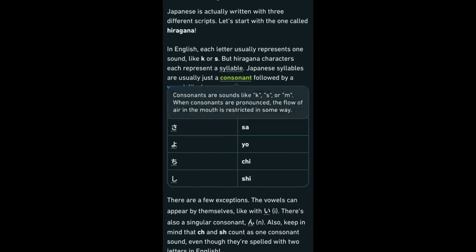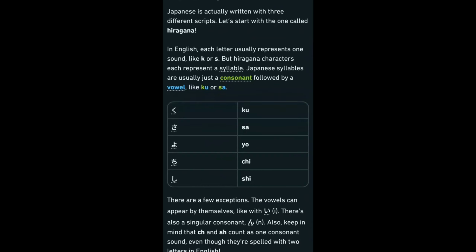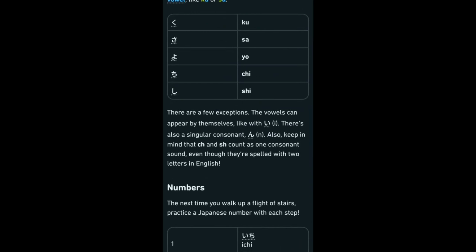So try and correlate your number 1 with ichi, number 2 with ni, number 3 with san, and number 4 with yon. So ichi, ni, san, yon. And actually the entire number system is ichi, ni, san, yon, go, roku, nana, hachi, kyu, juu. It's a nice catchy tune.